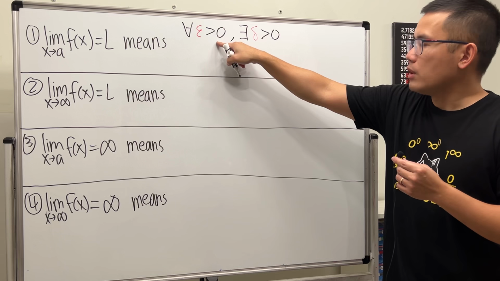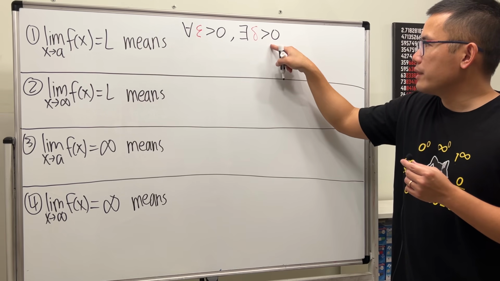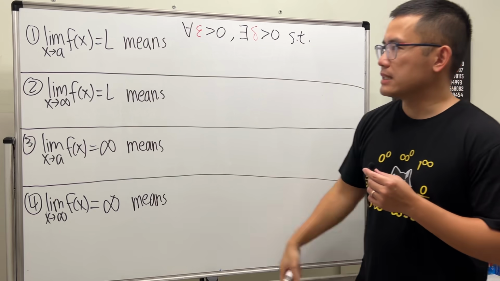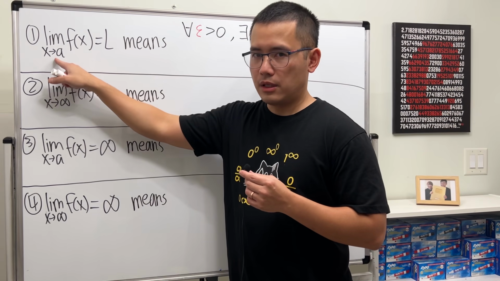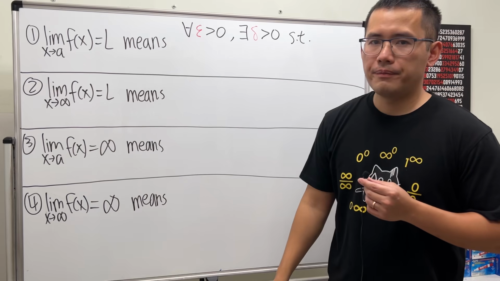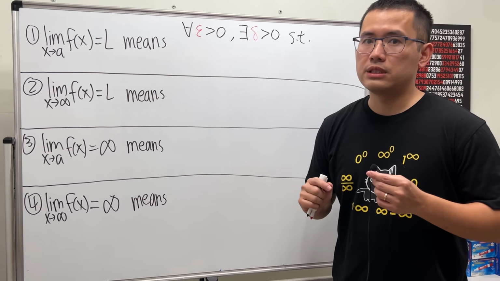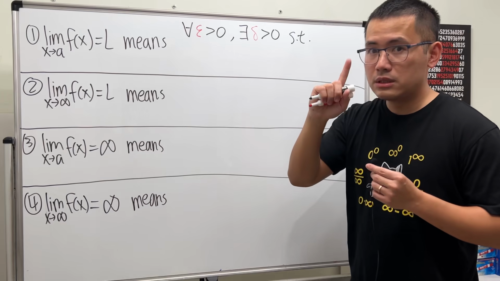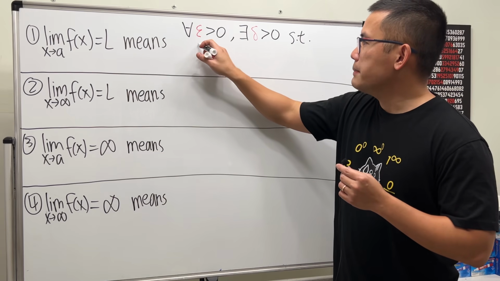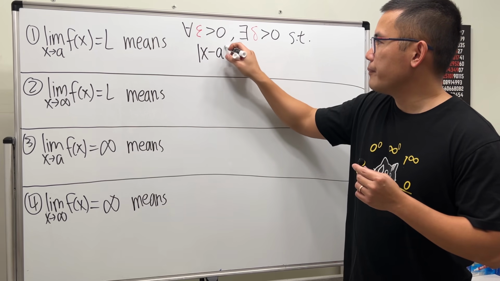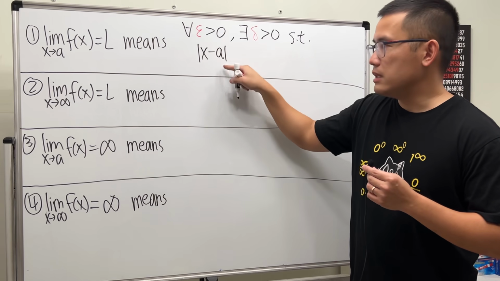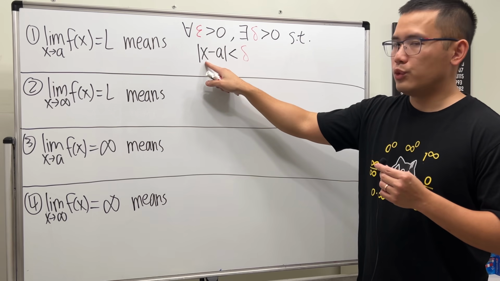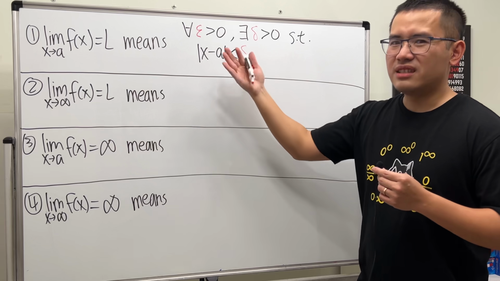For all epsilon greater than 0, there exists a delta greater than 0 such that, so what we said earlier is that x is close to a. Well, how close is it to a? Delta away at most. And since we're talking about close, we are talking about distance, so we use absolute value in math, right? So absolute value of x minus a. If this is less than delta, it means that x is really close to a, just delta distance away.